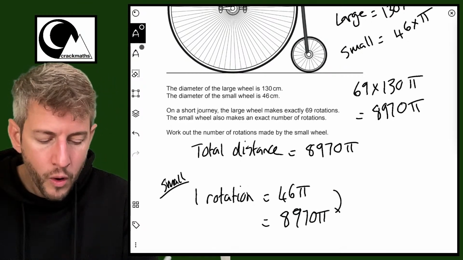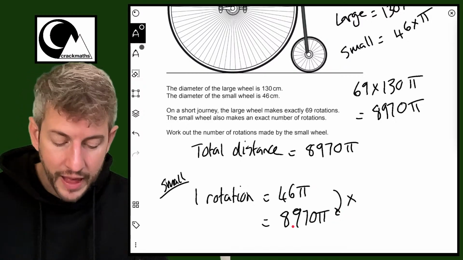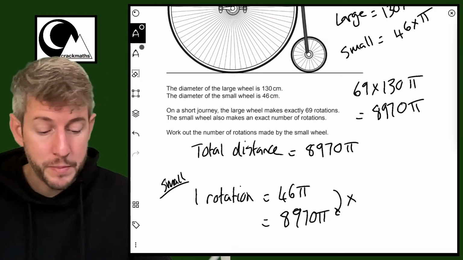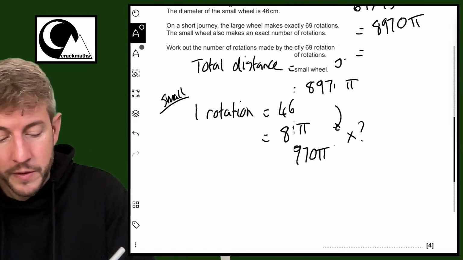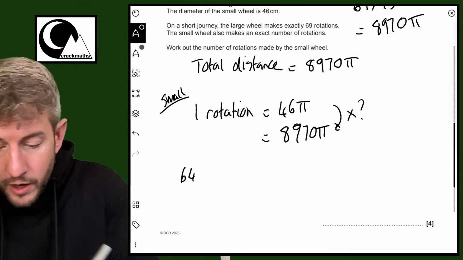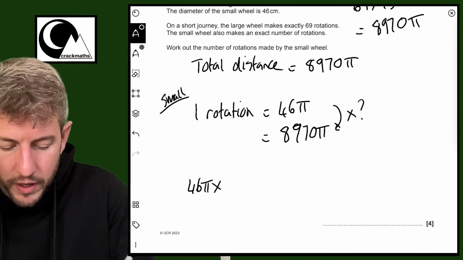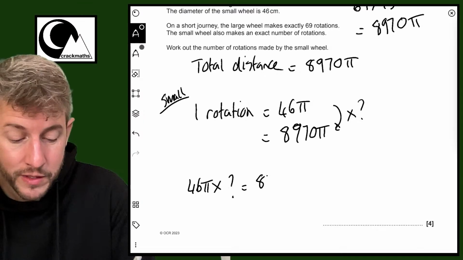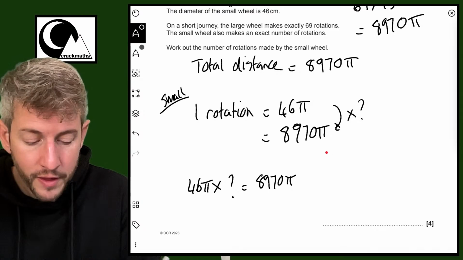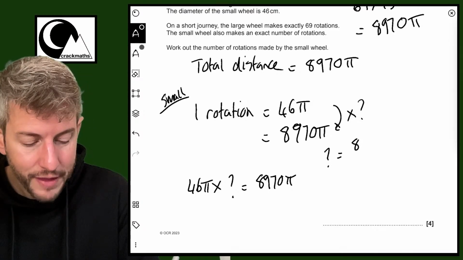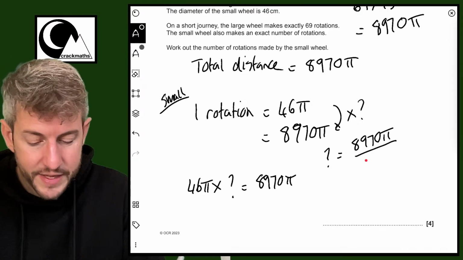So we want to know what we are multiplying 46 pi by to get to 8,970 pi. So 46 pi multiplied by something equals 8,970 pi. That something will equal 8,970 pi divided by 46 pi.